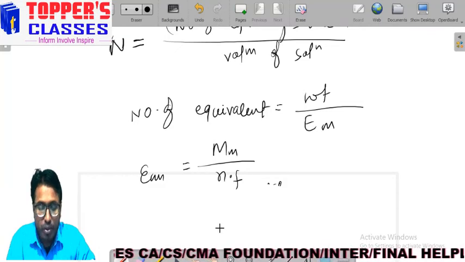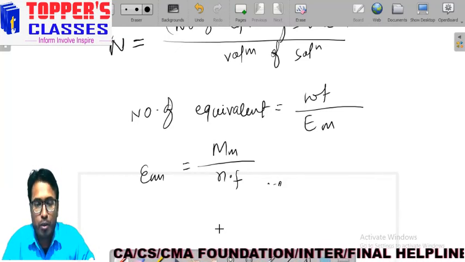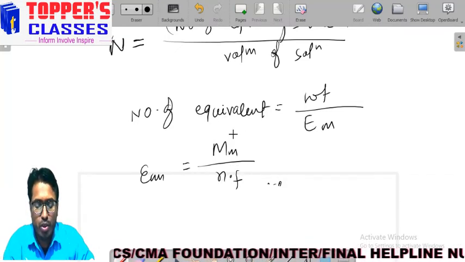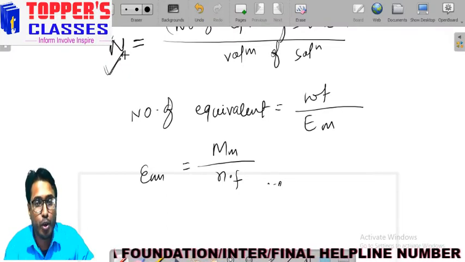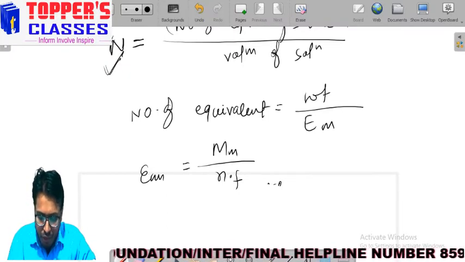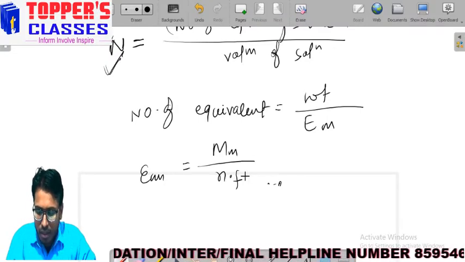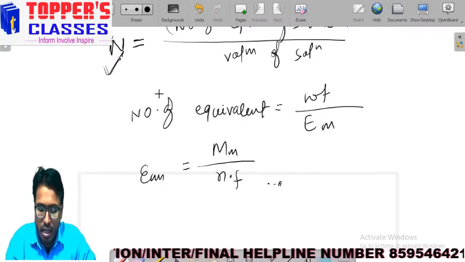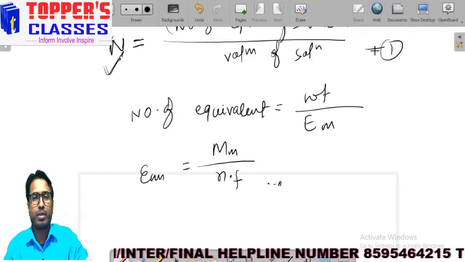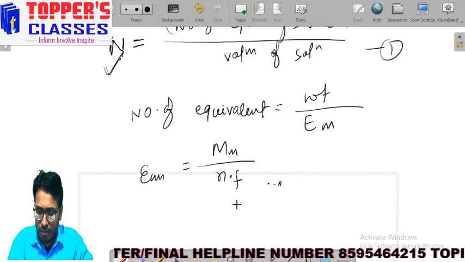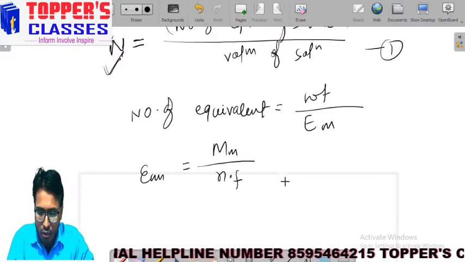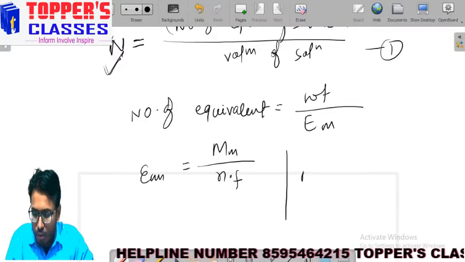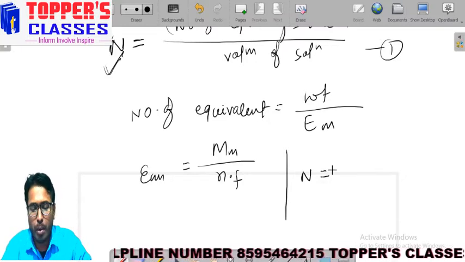First of all we will put all these values in the normality and derive a simple formula for normality. Let us put this value in equation 1. Normality equals number of equivalents.